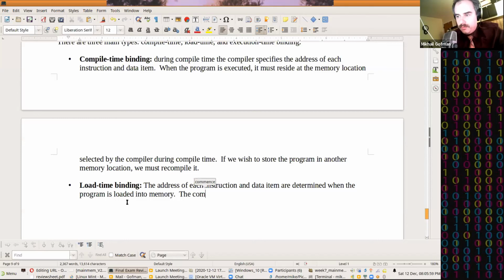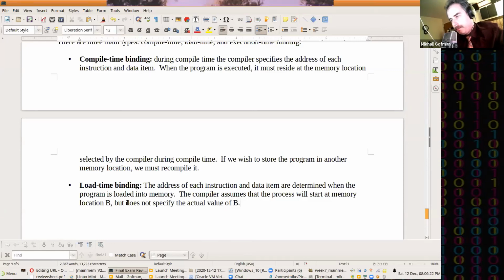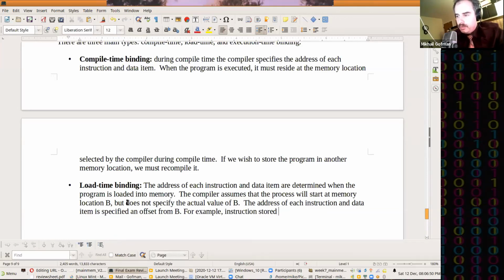In this case, the compiler assumes that the process will start at memory location, I'll call it B, but does not specify the actual value of B. The address of each instruction and data item is specified as an offset from B. For example, an instruction stored at address B plus, say, 4.